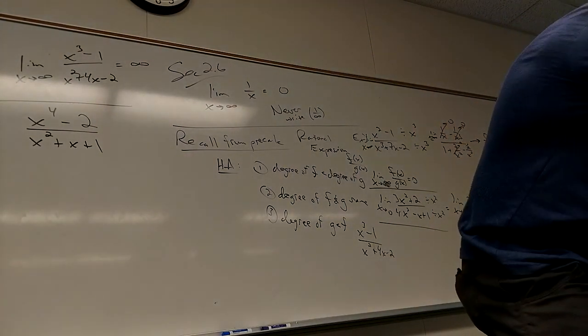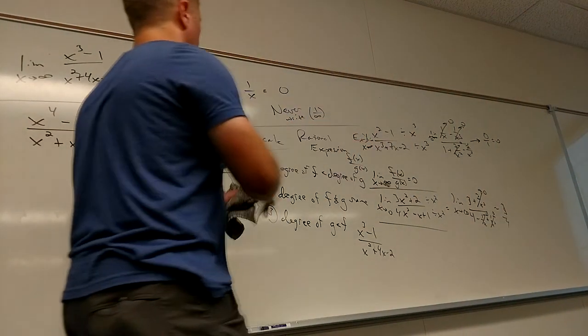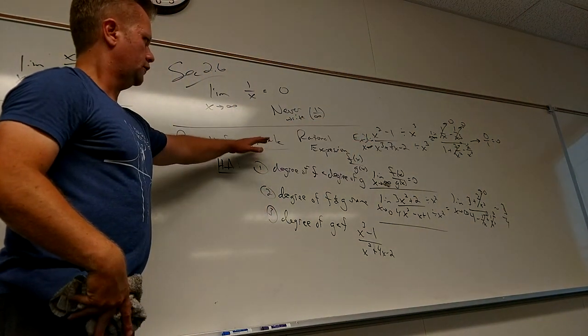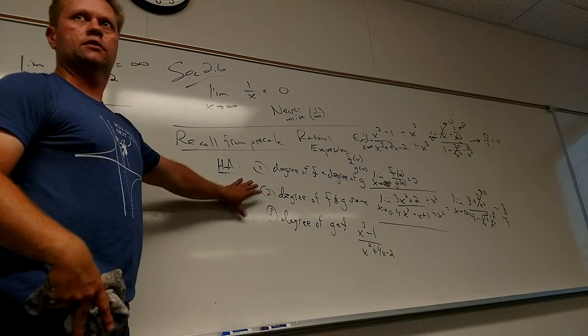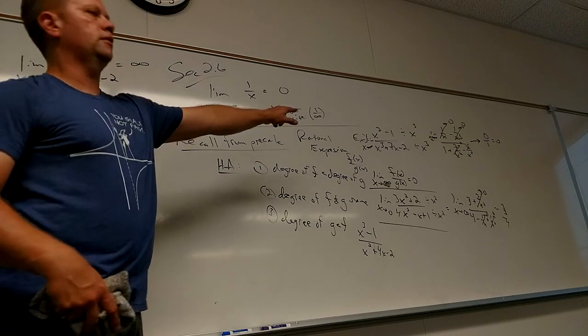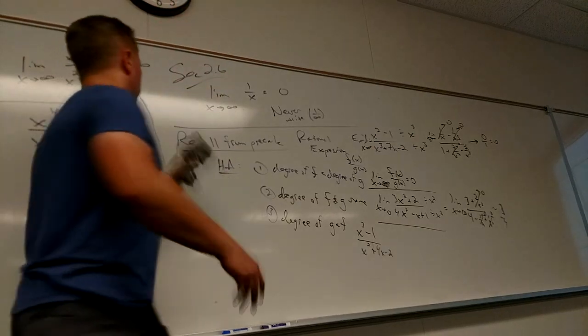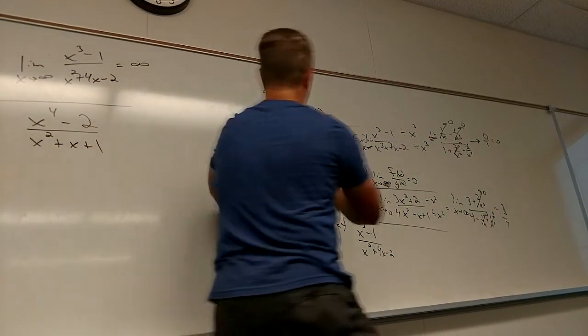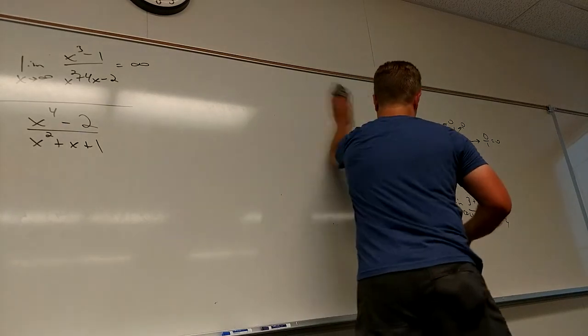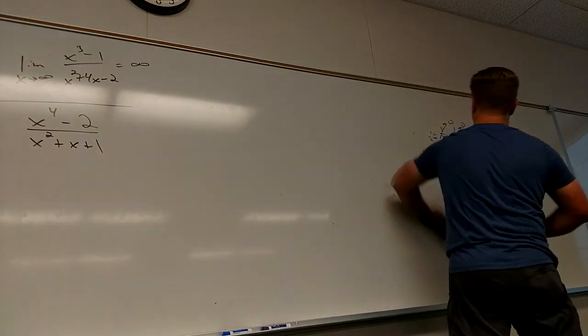Now let me show you something that doesn't quite follow these. These are all dealing with polynomial ratios. So what can I do if I get something that's not polynomial in nature? The little shortcuts all deal with polynomials.